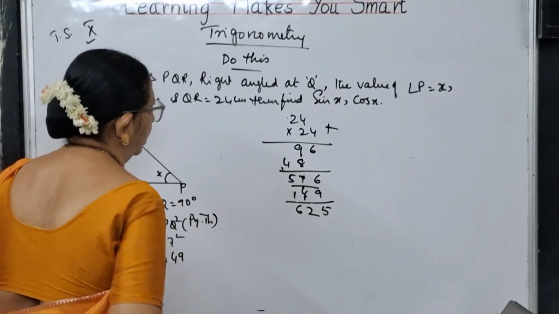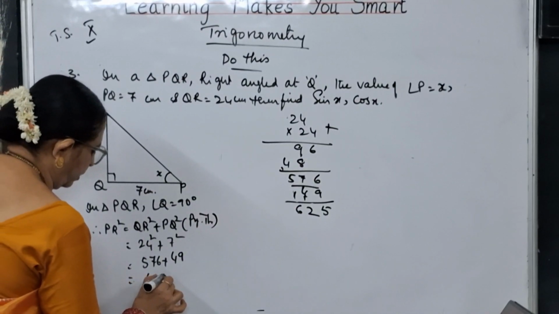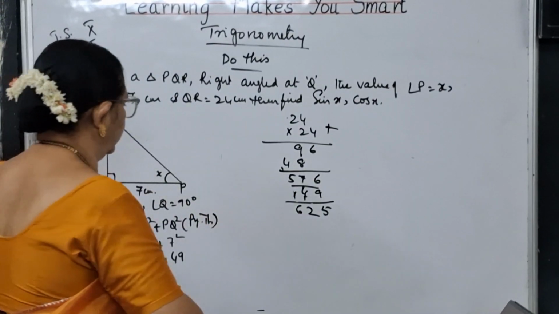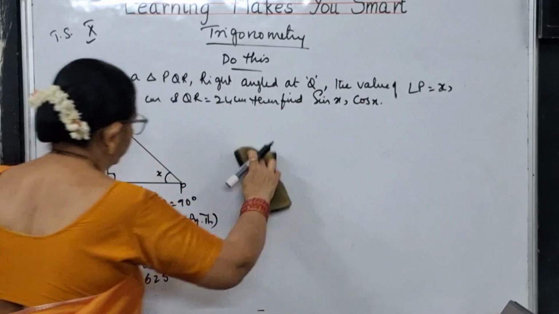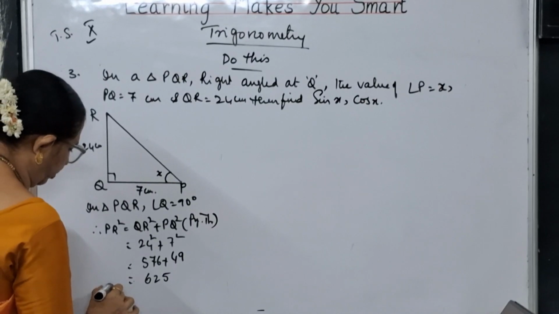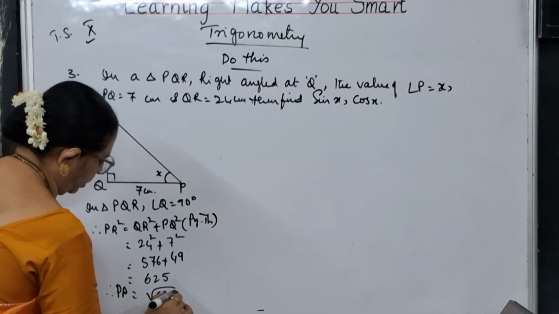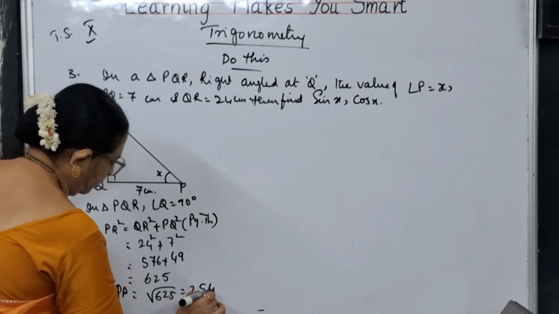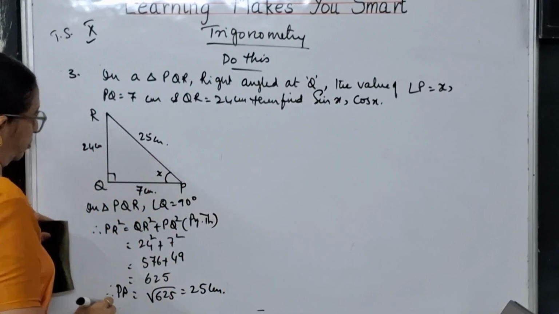And you are getting 625 in this product PR square. So we know that 25 25s are 625. So what is PR? PR is root 625, that is nothing but 25 centimeters. So this is 25 centimeters PR.